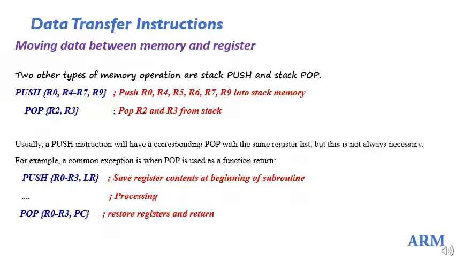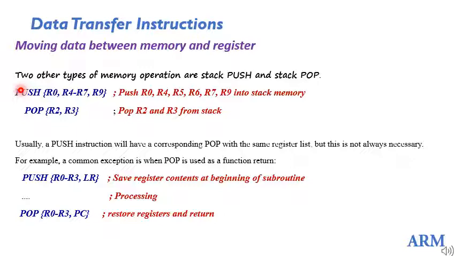The other two types of memory operation instructions are the ones operating with the stack, that is push and pop. We have seen a little bit about push and pop instructions while we were dealing with the architecture as well. So here I will take a few more examples.